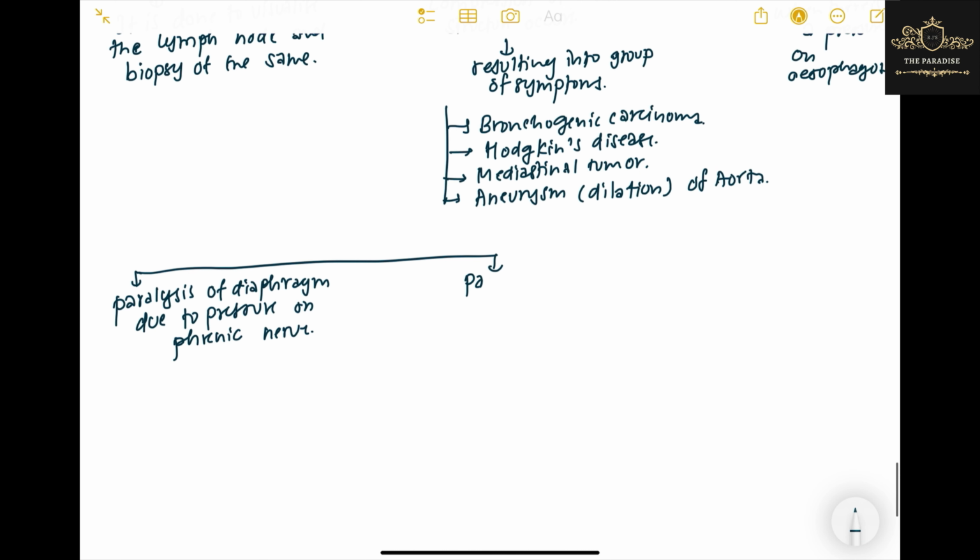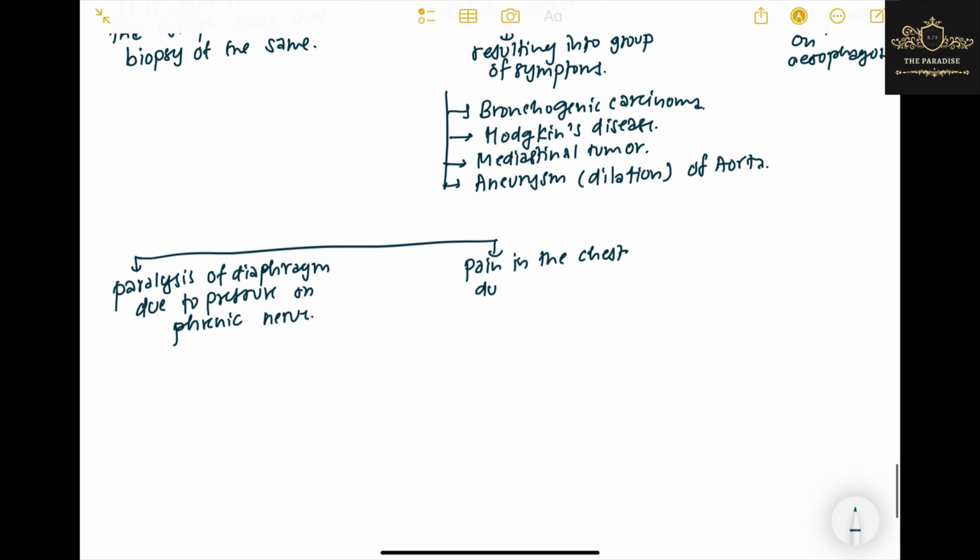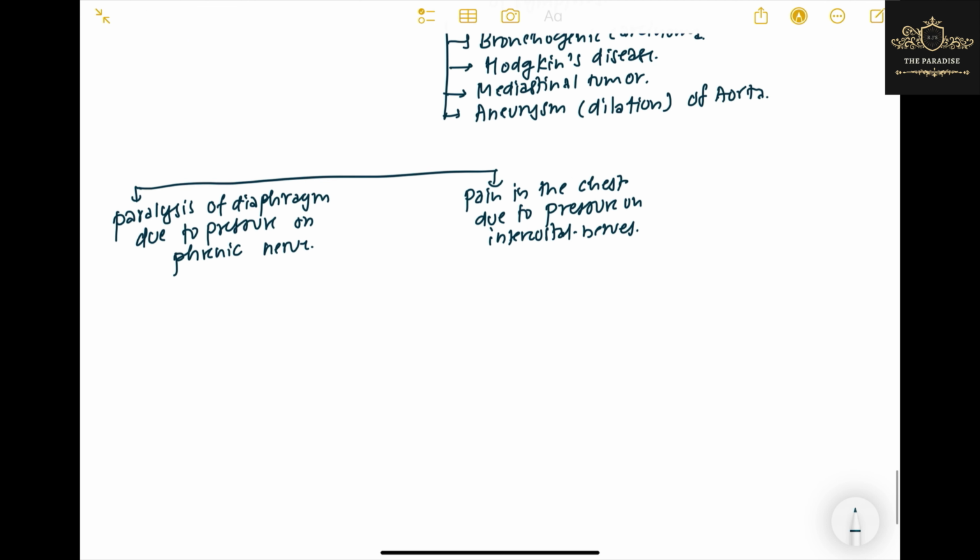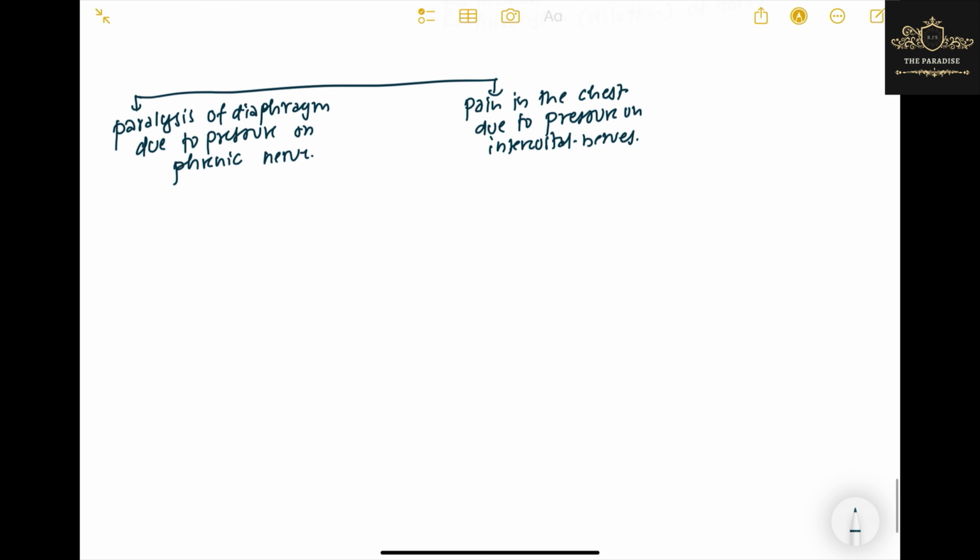And lastly, pain in the chest due to pressure on intercostal nerves. So we have completed this topic.